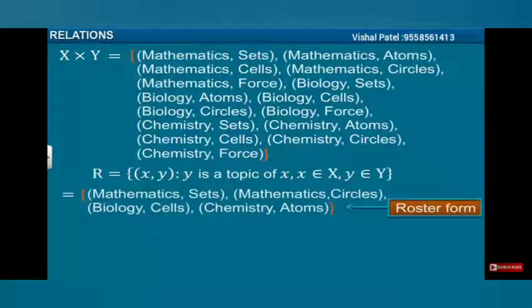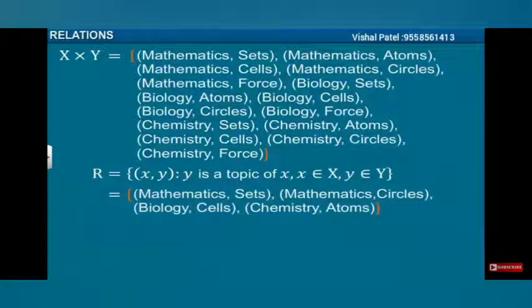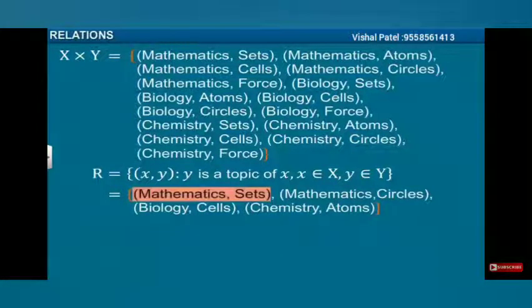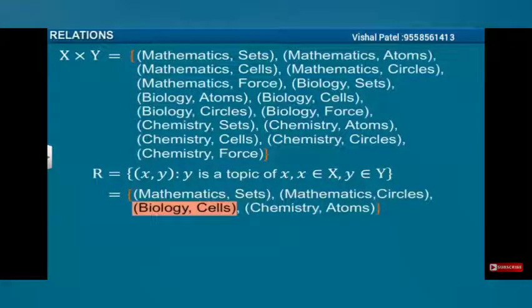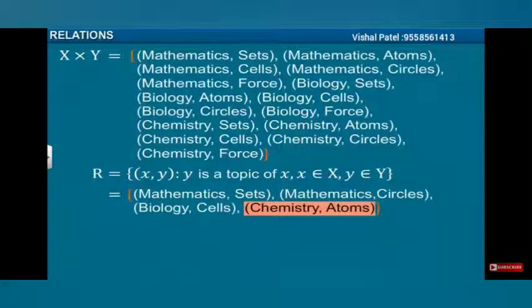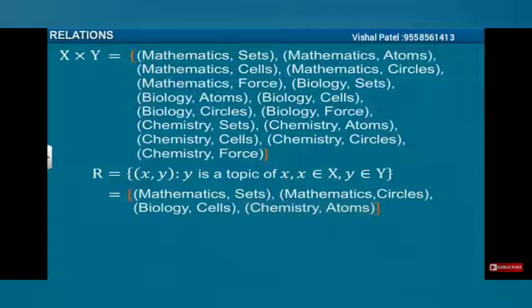If X is mathematics then your answer is set and circle. If X is biology then your answer is cell, and if X is chemistry then your answer is atom. So set is a topic of mathematics, circle is a topic of mathematics, cell is a topic of biology and atom is a topic of chemistry. So these four relations are defined from X cross Y.